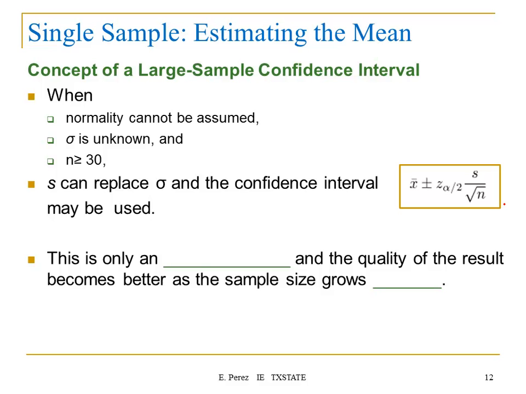Okay? And that will give you a confidence interval of this type. So now you're using Z, but you're using the sample standard deviation to compute your confidence interval.